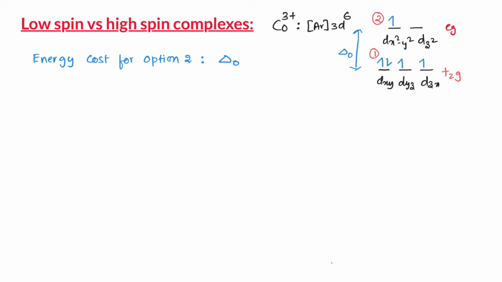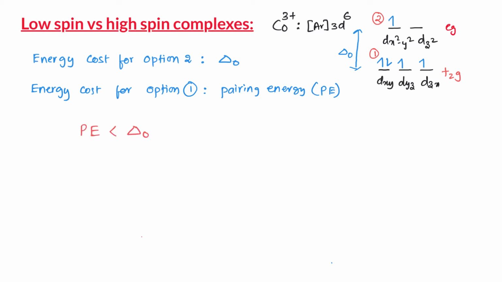To overcome this repulsion, it costs some additional energy. This energy cost is called the pairing energy. Now we have two possibilities: one, pairing energy is less than crystal field splitting energy, or two, pairing energy is greater than crystal field splitting energy.